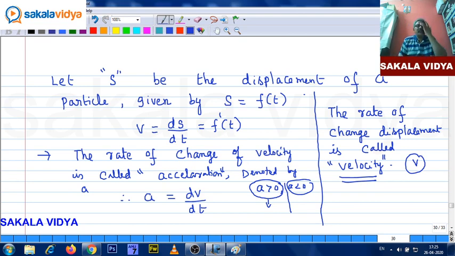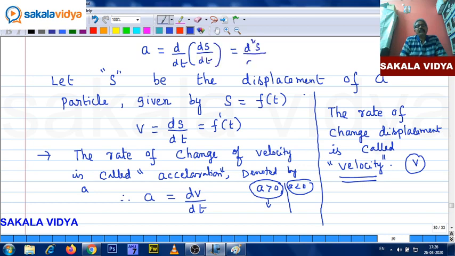So, this is a is equal to dv by dt. Next, we have one more thing you can remember: we can write acceleration as dv by dt and also d by dt of ds by dt, because v is ds by dt. Generally we need to read it as d2s by dt square, that means second order derivative.